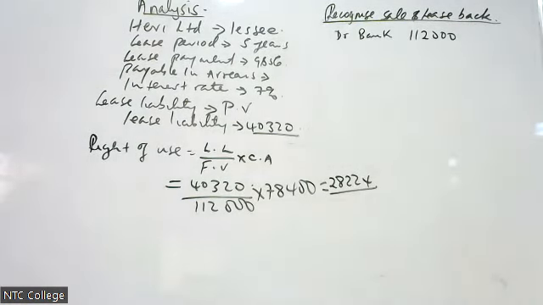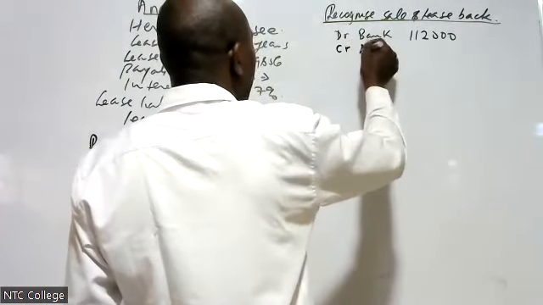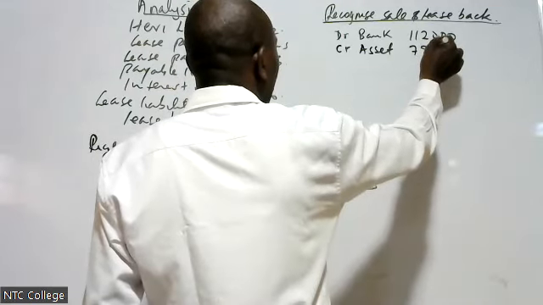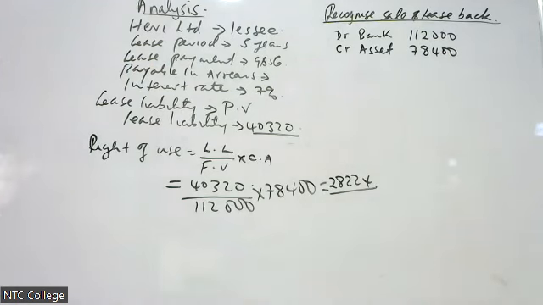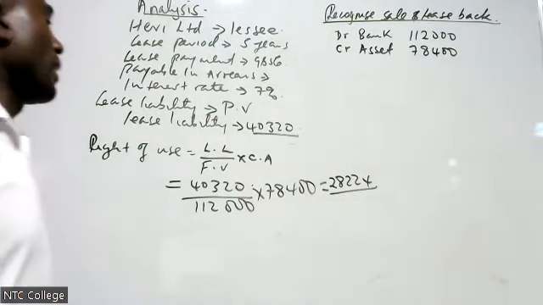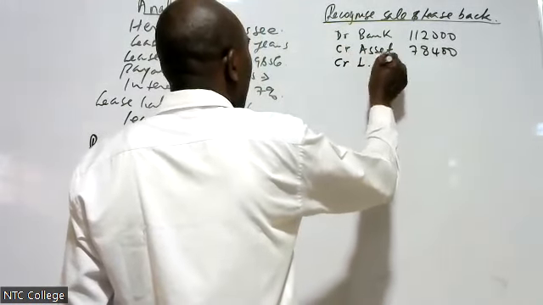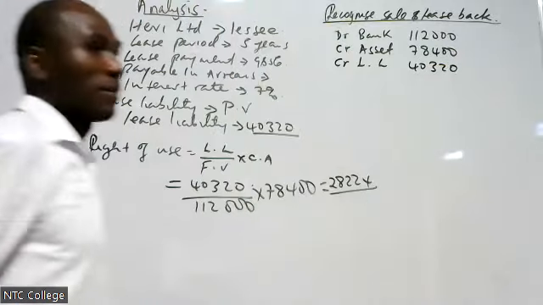Then we recognize the asset, credit asset, 78,400. Then we recognize the lease liability, credit lease liability, 4320.